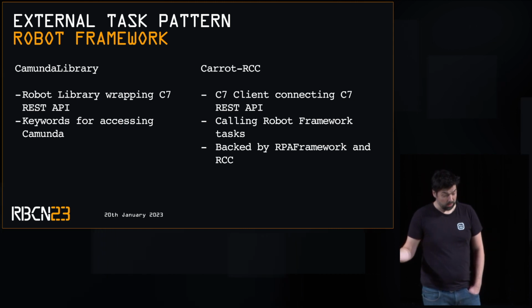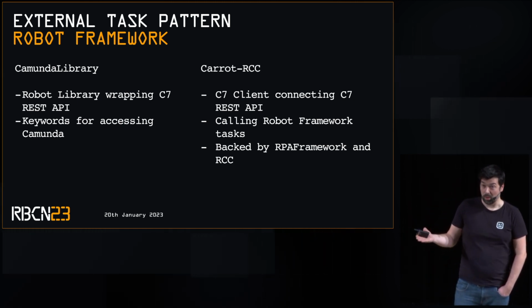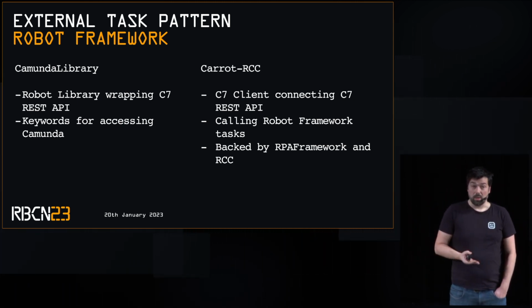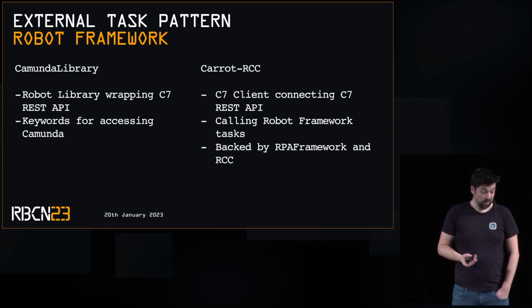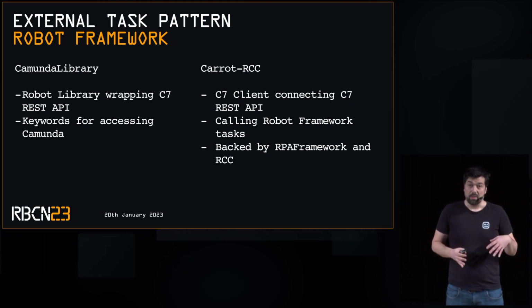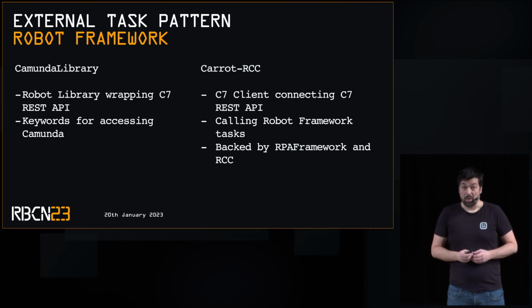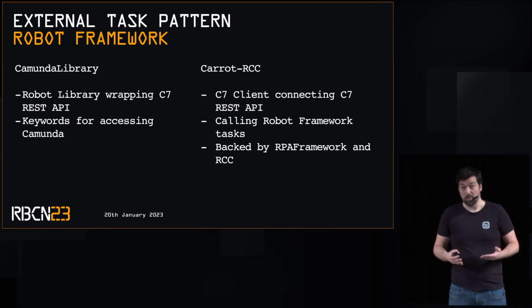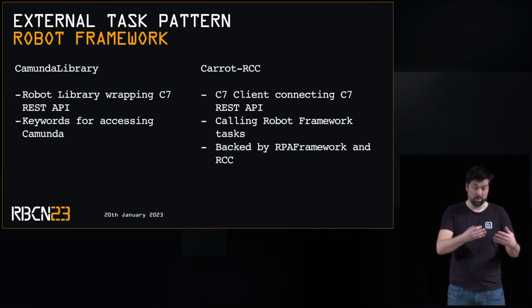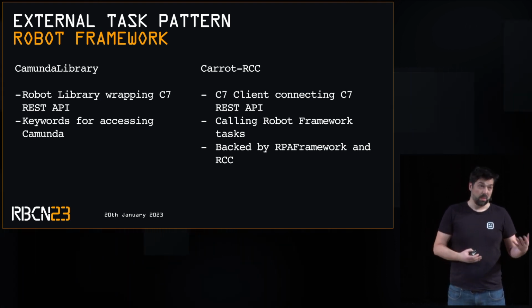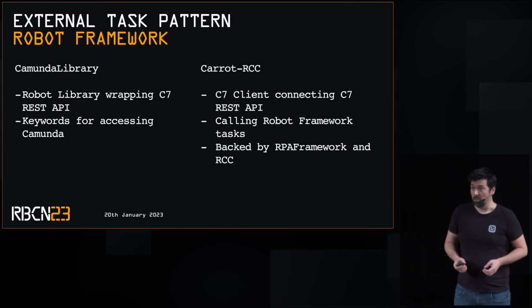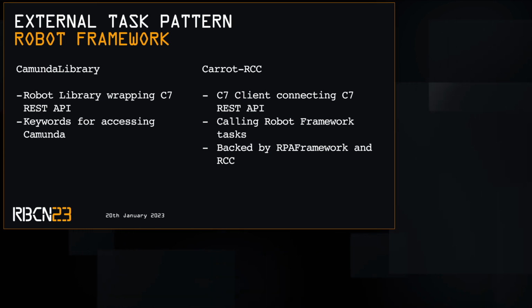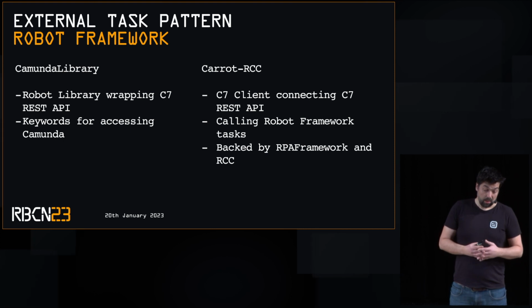In the last years, I was always talking about the Camunda library. That's an integration I implemented 2 or 3 years ago, and it basically wraps the Camunda 7 C7 REST API and provides you keywords, so you can start a process. There's a keyword start process, there's a keyword fetch the workload from the workflow engine, and so on and so forth.